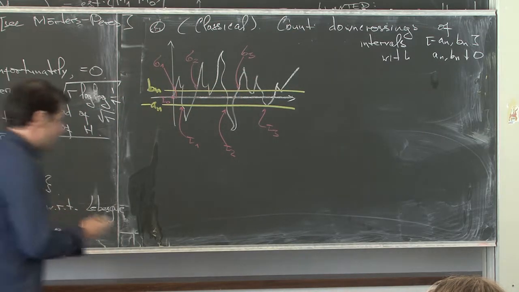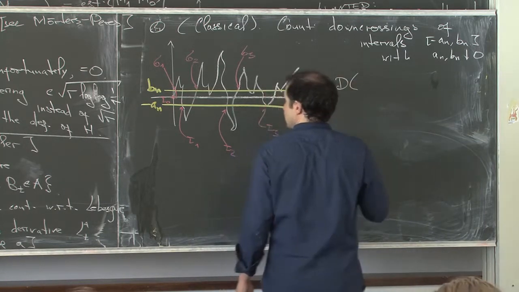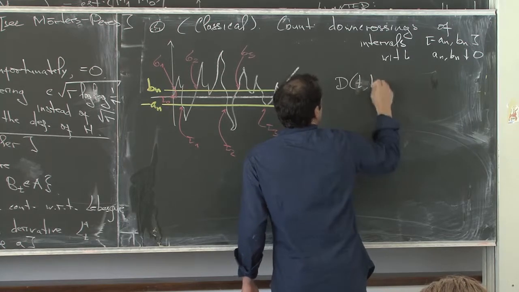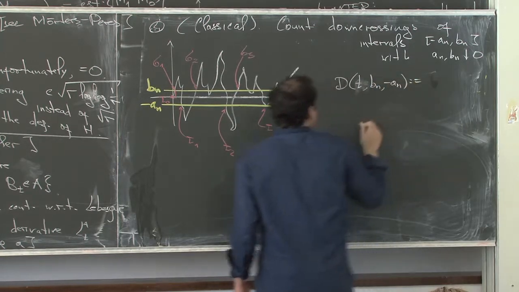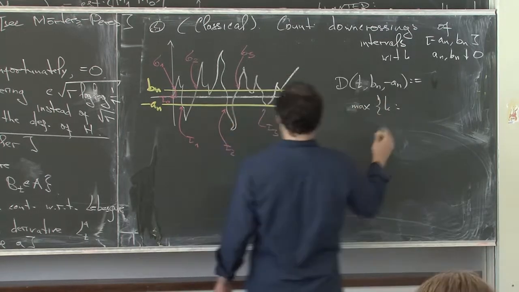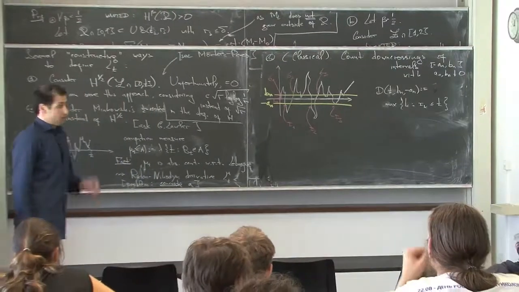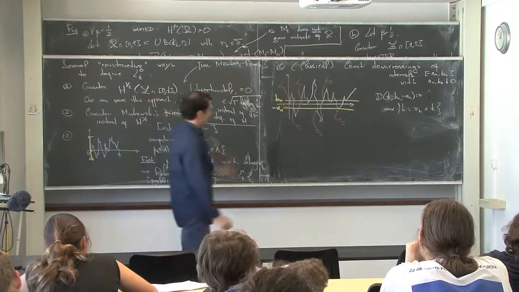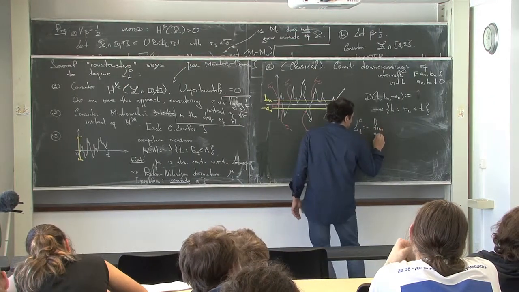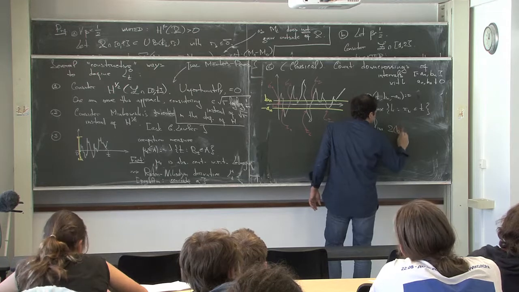And then you say that the number of down crossings D_a of the strip from minus a to b is by definition just the maximum of k such that tau k is less than t. And then the formula is the following.